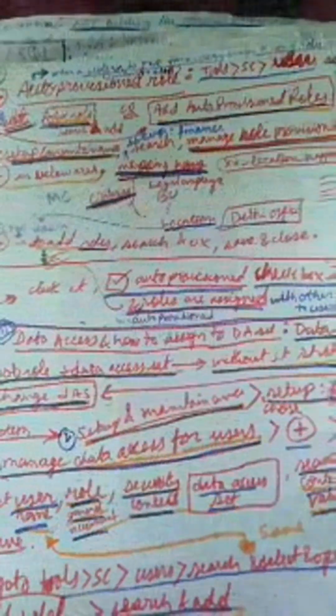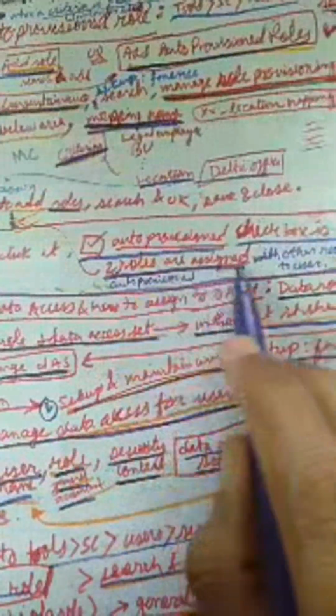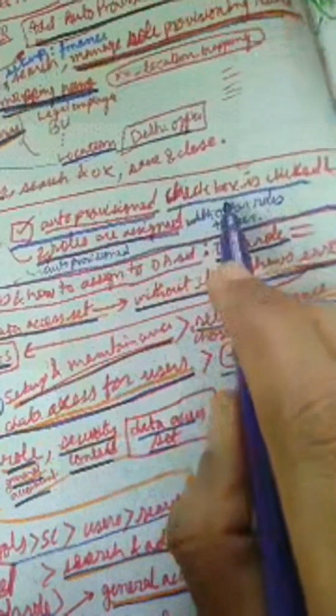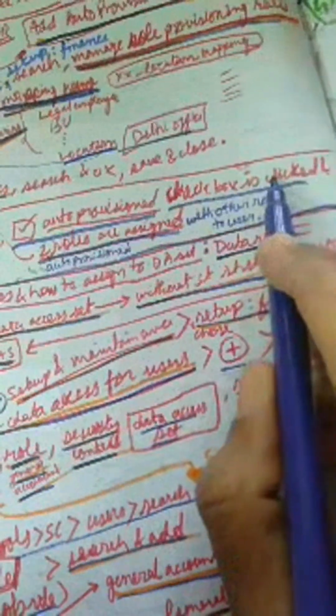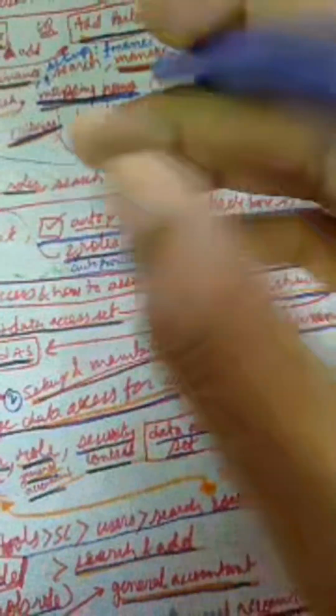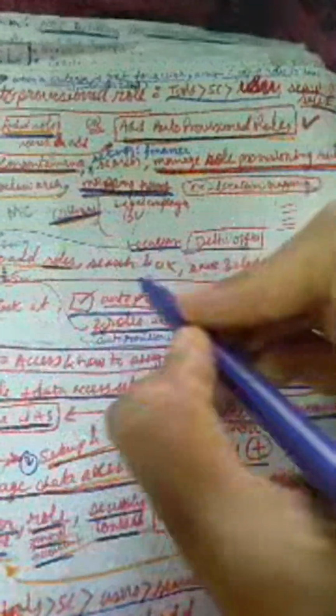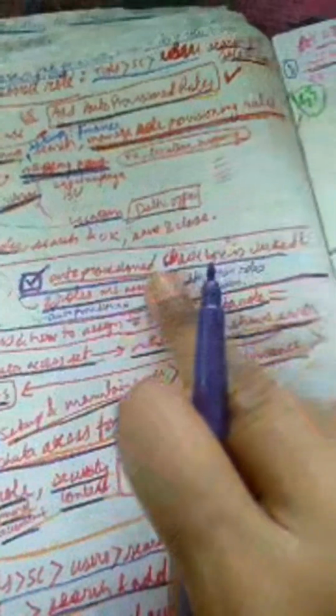Once I click on it, it gives me an auto provision checkbox, which should be checked. After checking this checkbox, the 2 roles that we added to this criteria are automatically assigned to the user along with the other roles.